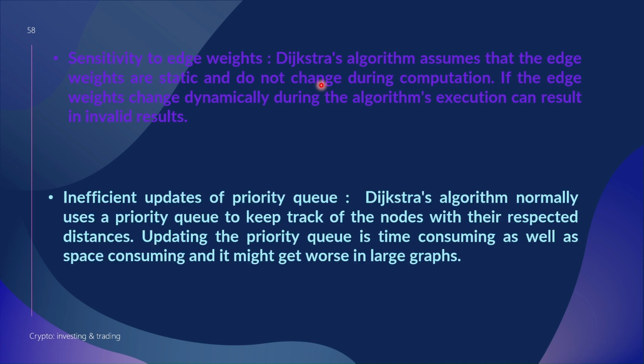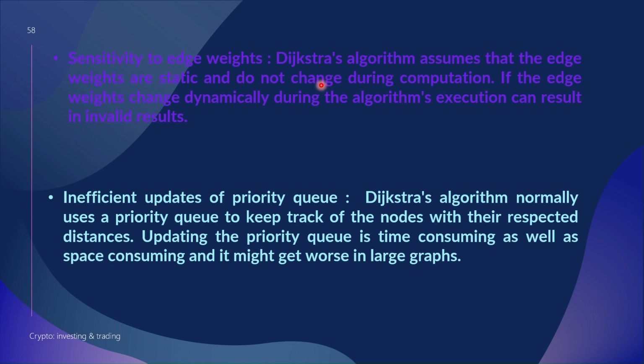Up next is inefficient updates of priority. Now, Dijkstra's algorithm normally uses a priority queue to keep track of the nodes with their respective distances. And if you are a coder, you know about priority queue very much. But to give a short view of information, a priority queue is something that prioritizes certain things and certain values.